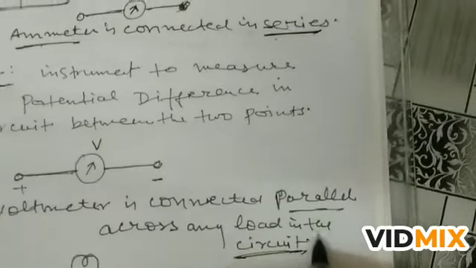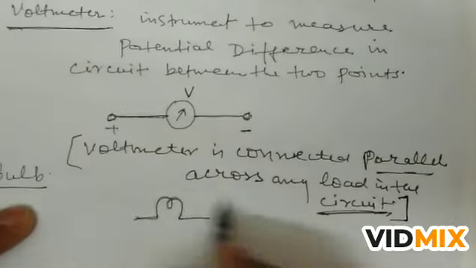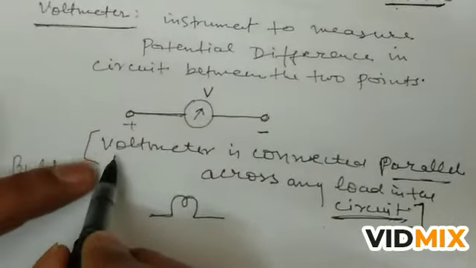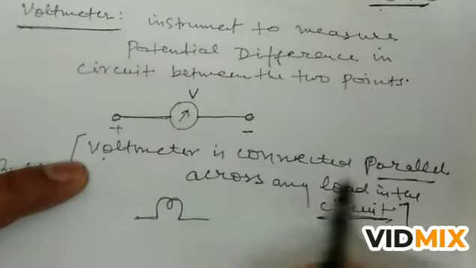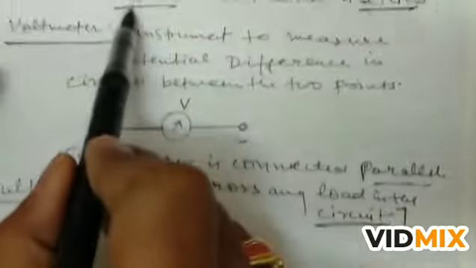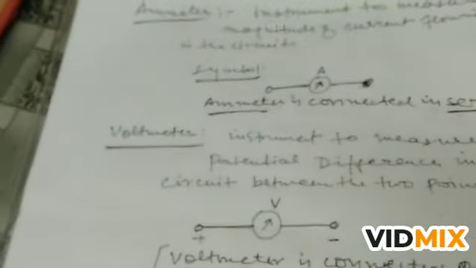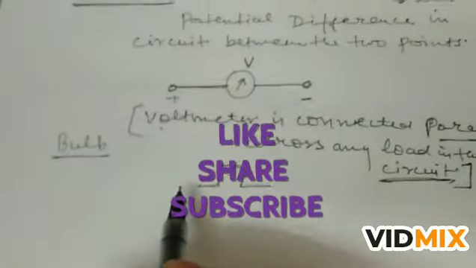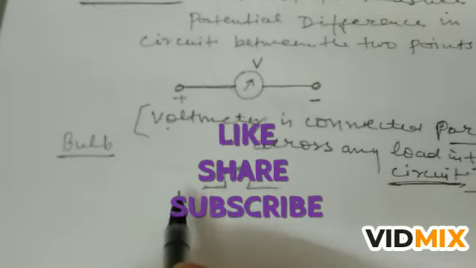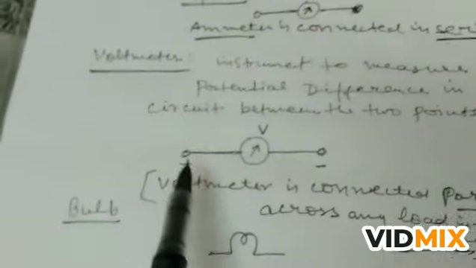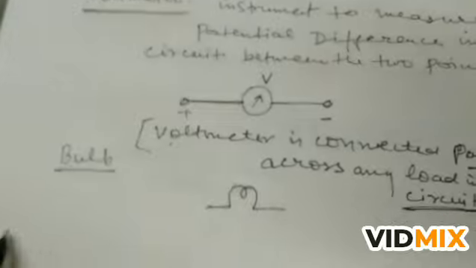You will know the meaning of this when you draw the circuit, but now it is very important how it is connected. Voltmeter is connected parallel across any load, and ammeter is connected in series in the circuit. These are the symbols you can find in the NCERT book also. You can make it very clear and learn the uses of these devices.